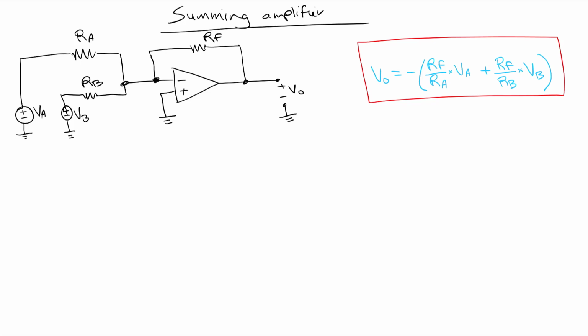There's a VA voltage and a VB voltage, and they're each scaled by RF over RA for VA and RF over RB for VB. Another important thing to note is the negative sign. So this is an inverting configuration.